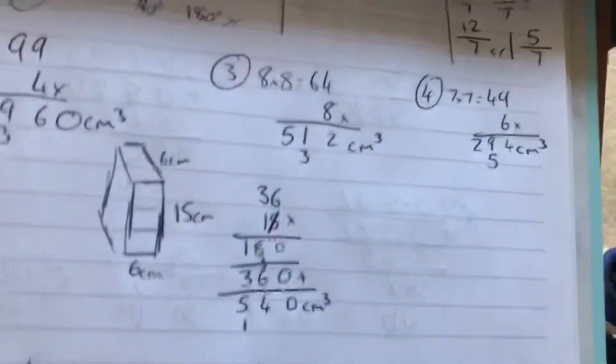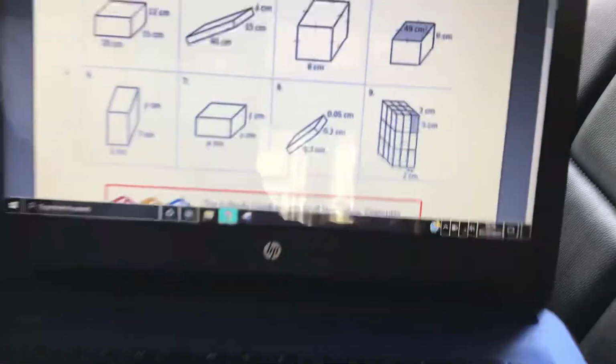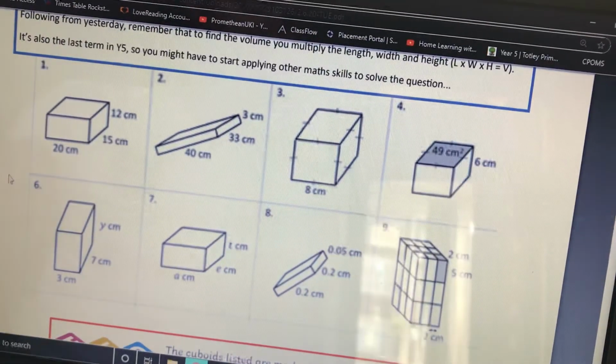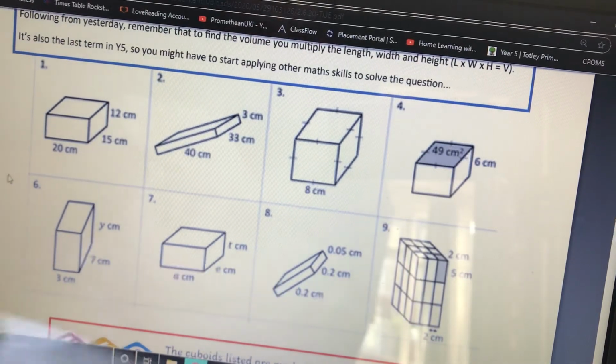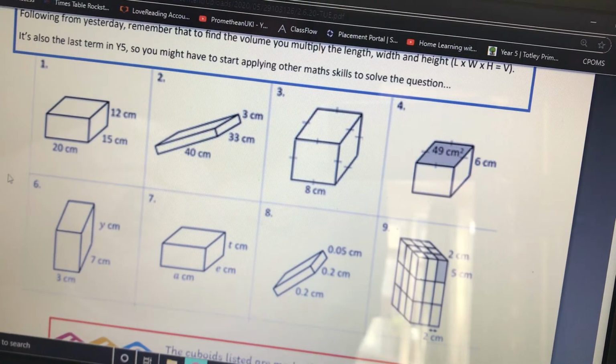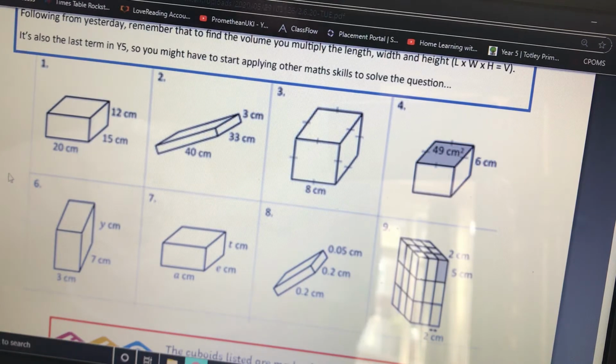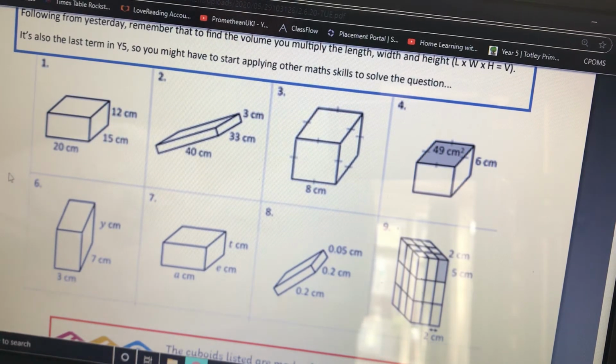centimetres cubed. Now, the last one can get very confusing very quickly, which is why there is a question like it. You'll notice you've got very simple digits within those numbers, a 5, a 2 and a 2. What's awkward is the actual measurement. It's 0.05 centimetres, 0.2 centimetres. Even if you tried to convert those into millimetres, you'd still be left with a half millimetre, which can be quite odd to work with.